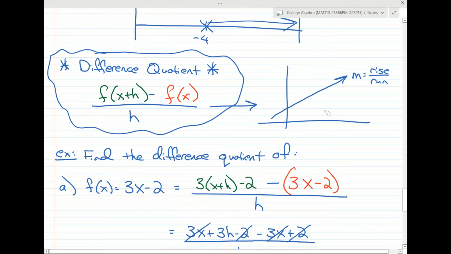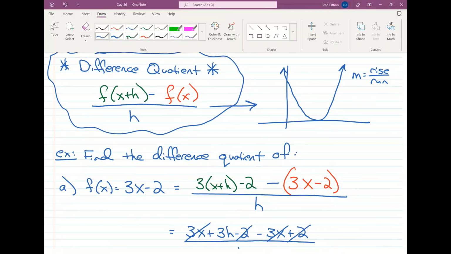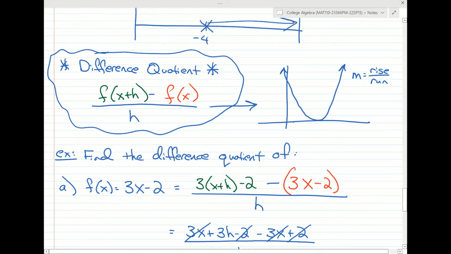What the difference quotient does is, let's say you have a graph that looks like a parabola, which is what we're going to be learning next. And I asked you, what is the slope of that line? You can't answer it because the slope changes. But this point right here, call this 1. This point will be 1 plus h. This value right here is f of 1. This value right here is f of 1 plus h.